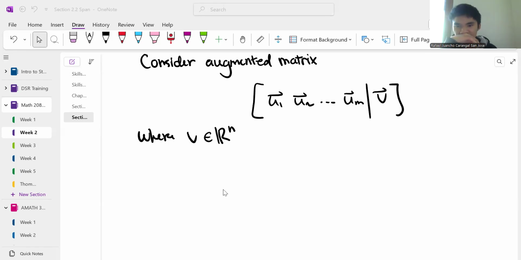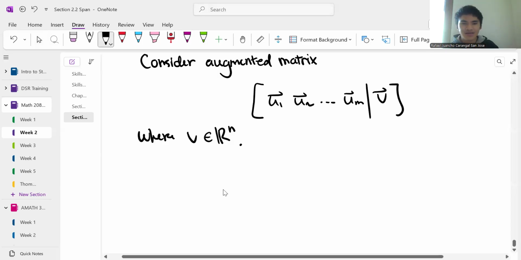Wait, so let's say we have an original matrix A, but since B has a pivot position in every row, same sequence of row operations to transform A to B will transform to echelon form. B has a pivot position in every row.